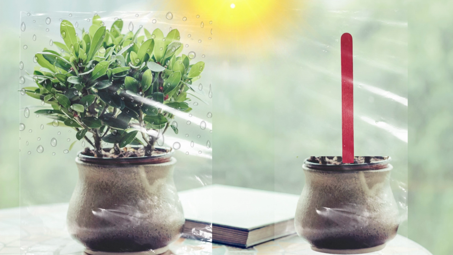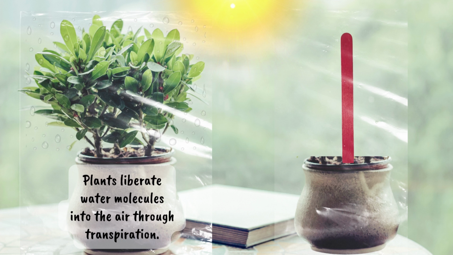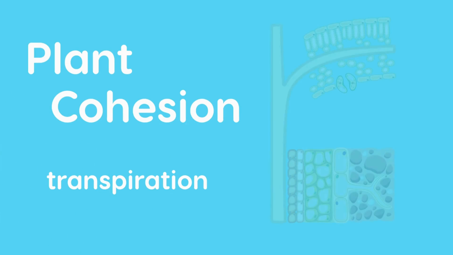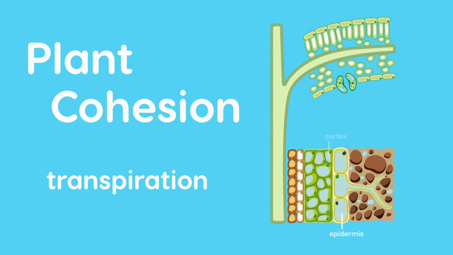Well, this is because plants liberate water molecules into the air through transpiration. Thus, we can conclude that plants liberate water molecules into the air through transpiration. Transpiration in plants creates a pressure or transpirational pull in the roots, resulting in water and mineral absorption.